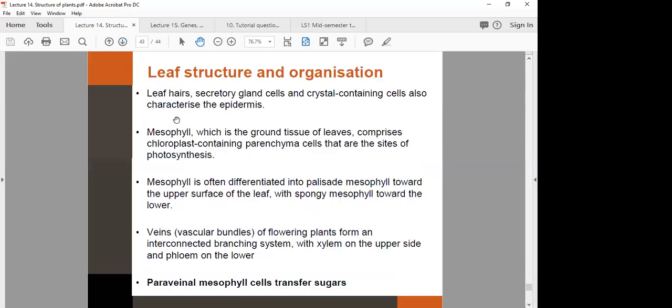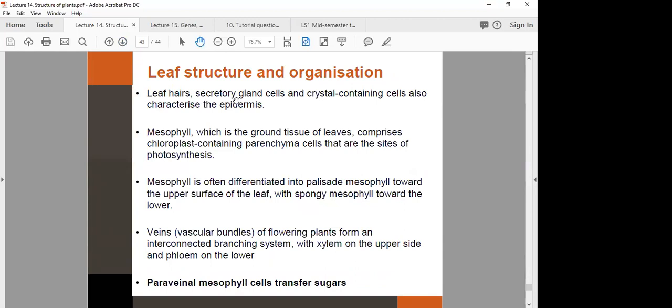All right, let's recap and add a little bit more to that. So leaves, special functions of epidermal cells in leaves may include the formation of leaf hairs, which function to minimise evaporative water loss from the leaf.